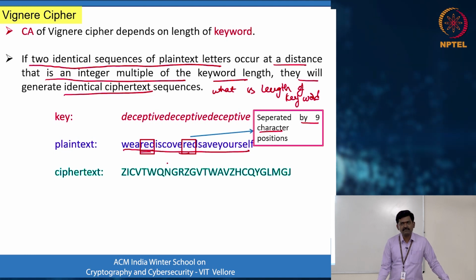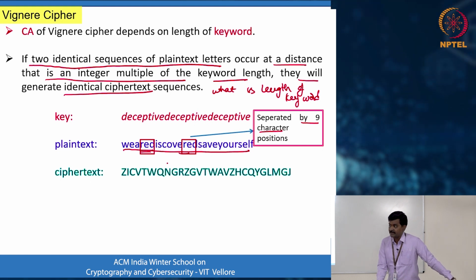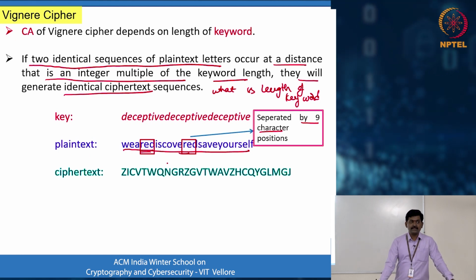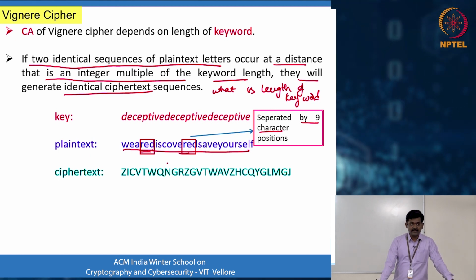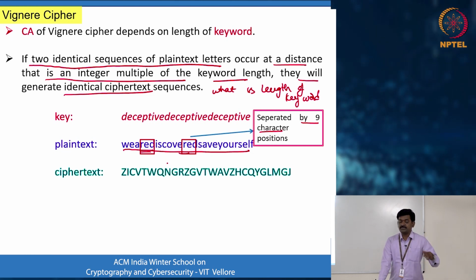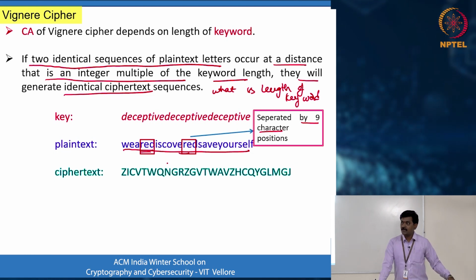What is the length of the keyword? 9 characters. Deceptive is the keyword. I am not talking about the key length, I am talking about the keyword length. What is the length of the keyword? 9. And this sequence is getting repeated with a separation of 9 character positions.